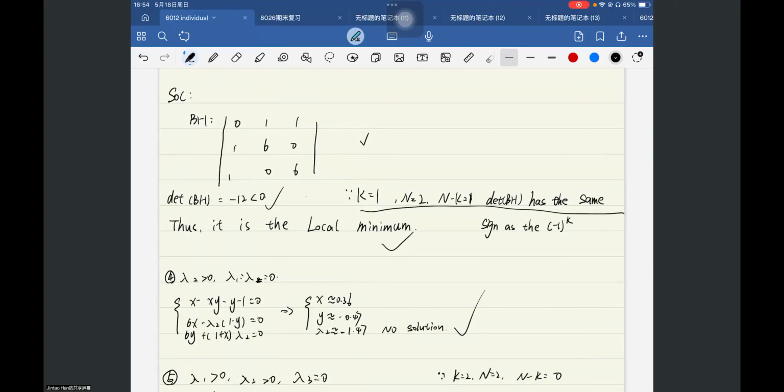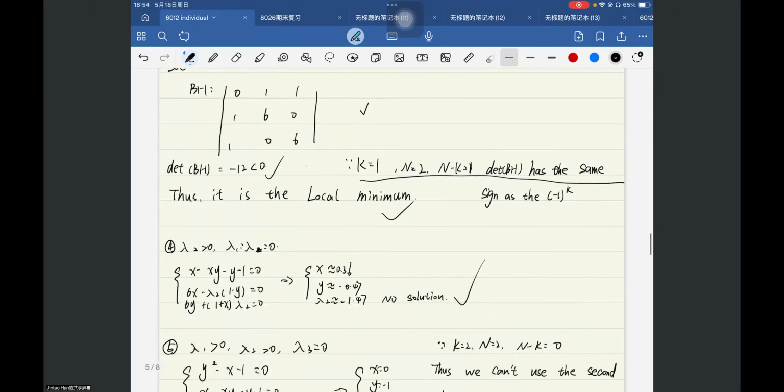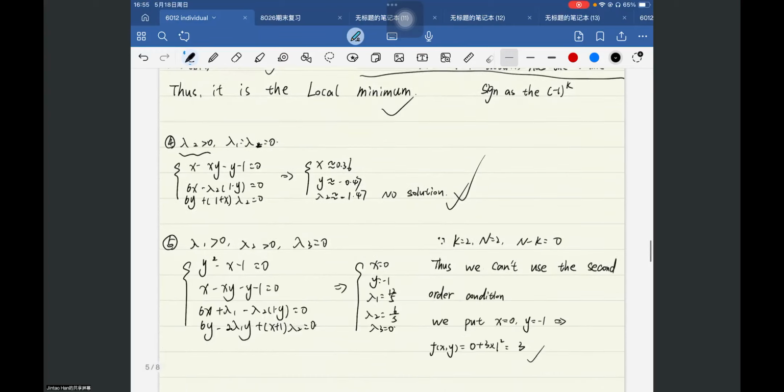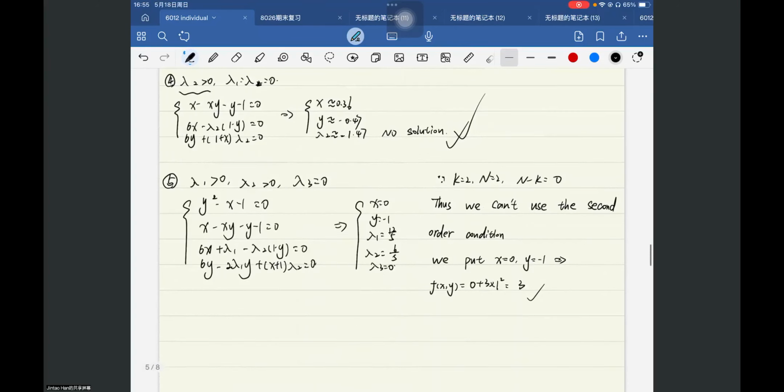Okay, we move to the fourth situation, lambda 2 larger than 0 and lambda 1 equal to lambda 3 equal to 0. In this situation, we got lambda 2 is negative, so this does not satisfy lambda 2 larger than 0, so this is no solution. Okay, we move to the fifth situation, lambda 1 larger than 0 and lambda 2 larger than 0 and lambda 3 equal to 0.